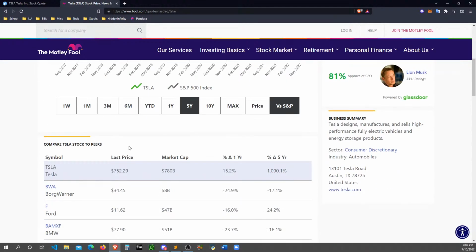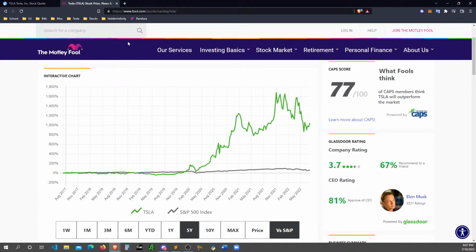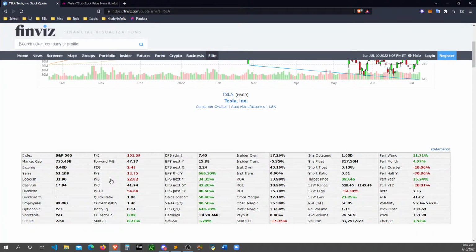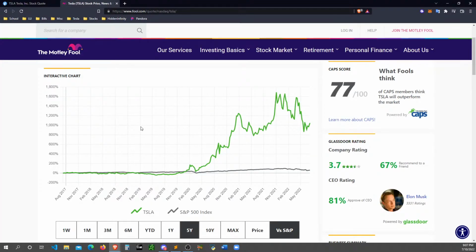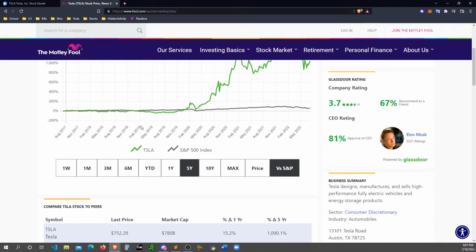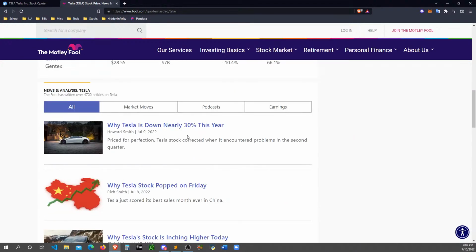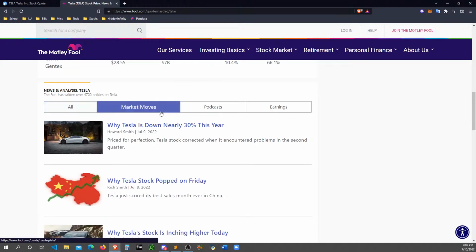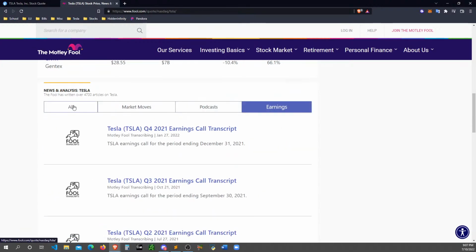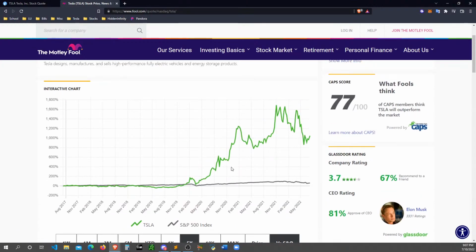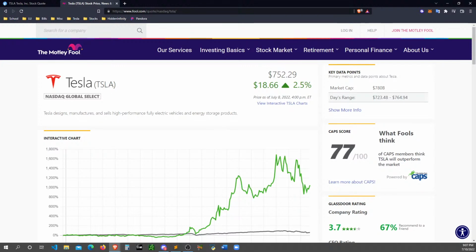But it doesn't have too much in terms of data like FinViz, right? FinViz is more specific and granular, versus Motley Fool, which is more article based. Now there's more in here that you can do. It's got market moves, podcasts, earnings, stuff like that. But for the most part, it's an article based website.